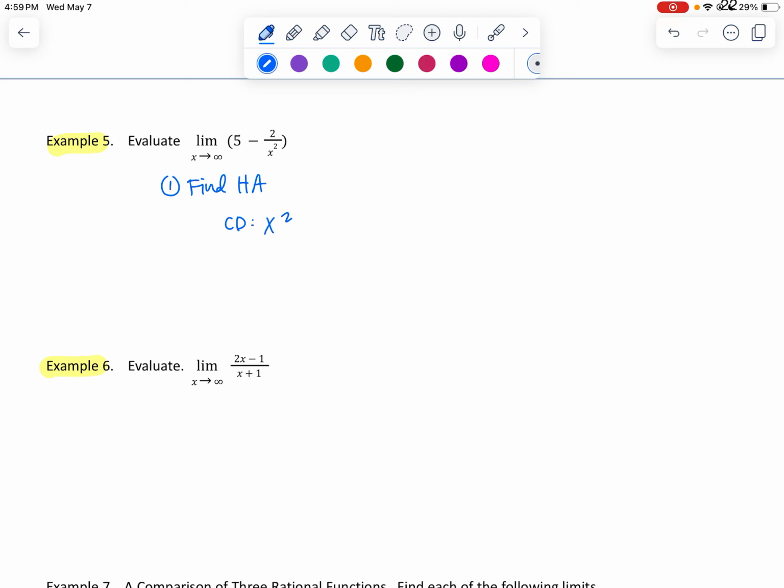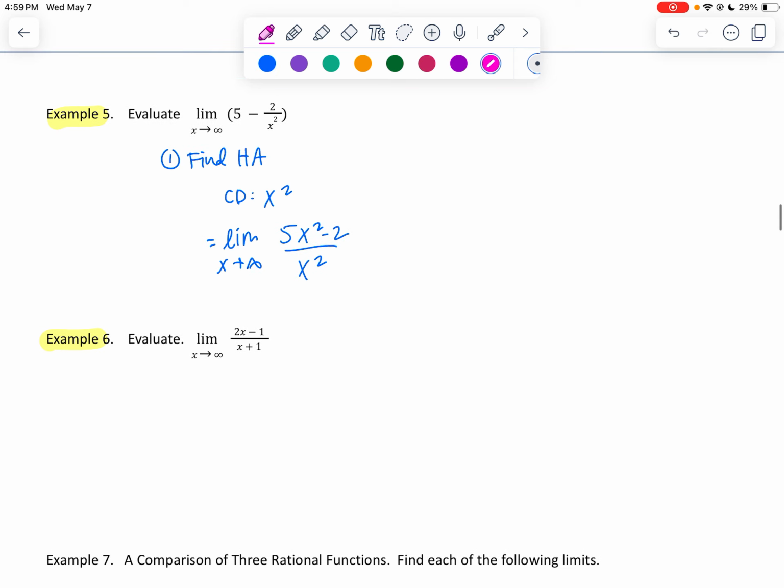My common denominator is x squared, so I'm going to combine my 2 terms. So this becomes the limit as x is approaching infinity of 5x squared minus 2 all over x squared. Here I'm going to look at the degrees, the way that we would for our rationals.